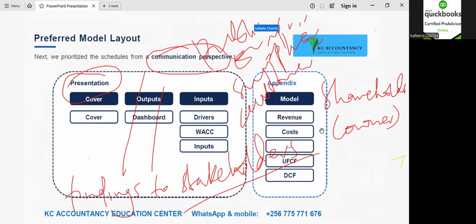There are so many people. Even shareholders are part of stakeholders because they have an interest in the business. So the financial model has to communicate all its findings to the stakeholders and the decision makers.